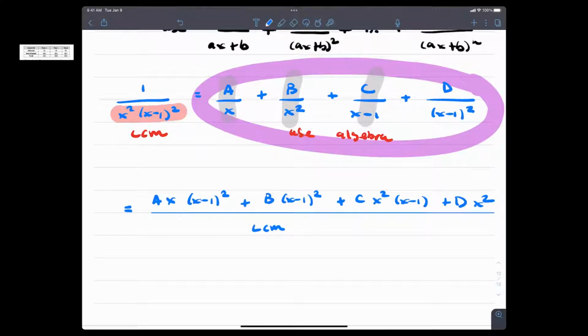That's what I mean. But what your book says, the book says something like this: multiply both sides by the LCM. You know? Yes?